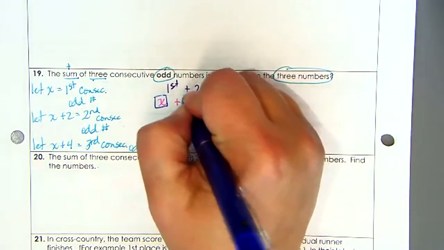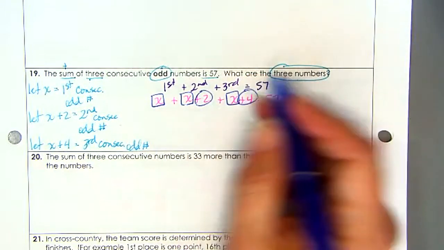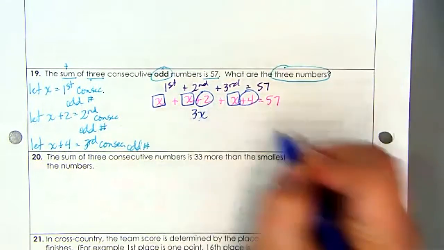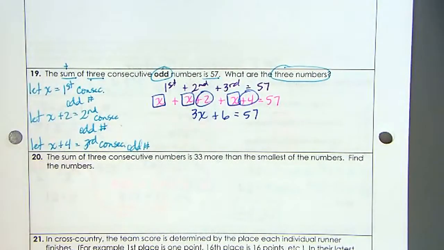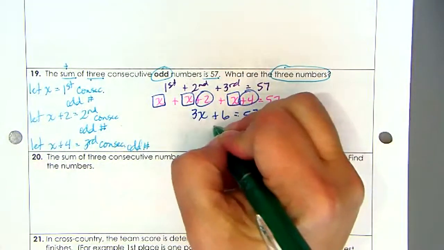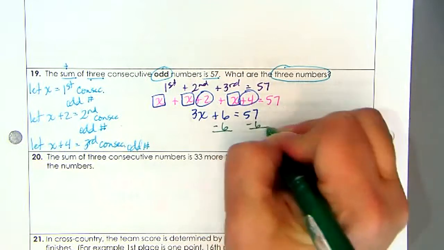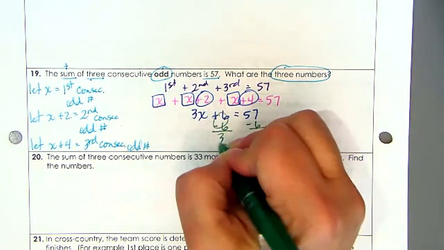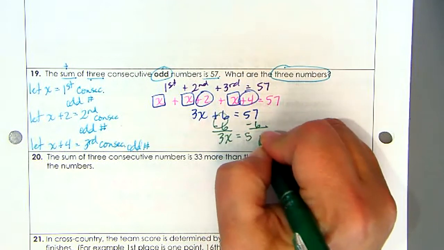Combine my like terms. So I have 3x plus 6 equals 57. And now we solve. I'm going to subtract 6, 3x equals 51.